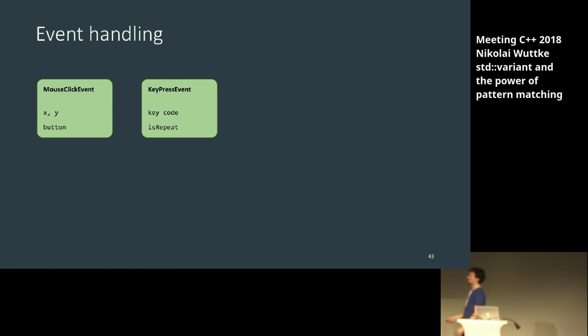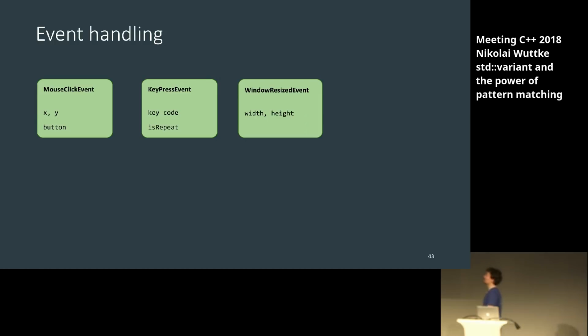For a key press, you would get the key code and whether it's a repeat event because the user is holding down the key, something like this. And then you might have other events like your window has been resized, and here's your new width and height for your window. And so again, you can represent these different events as different types and then have a sum type that represents a general event.